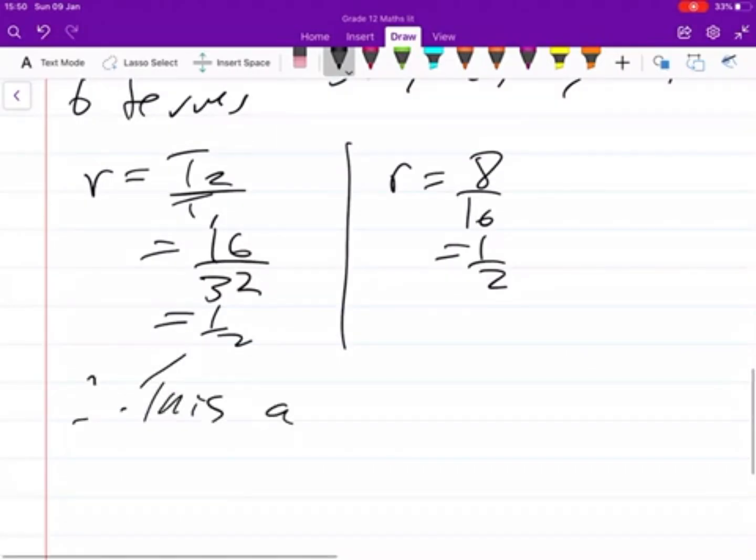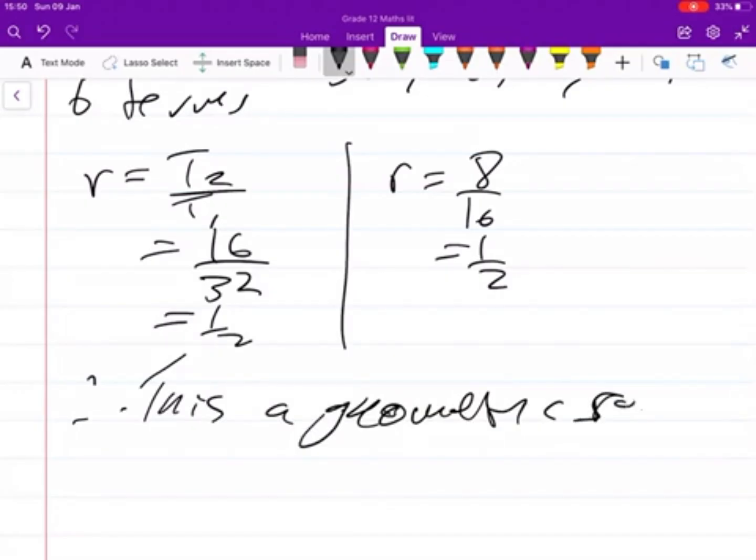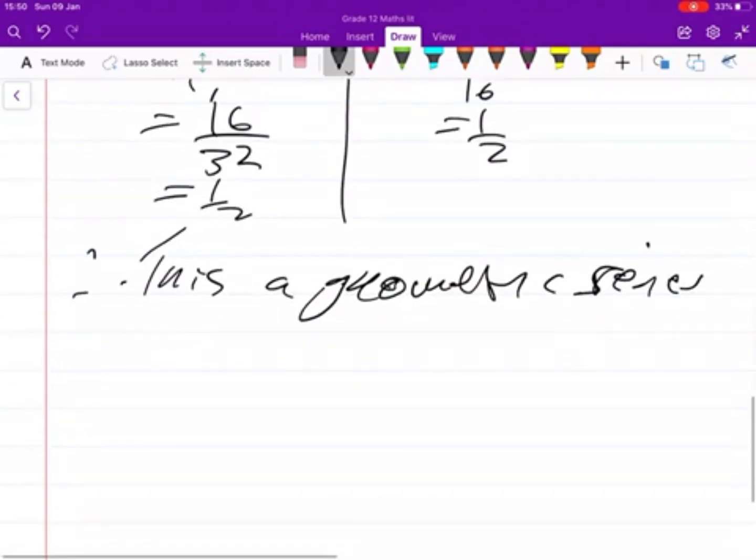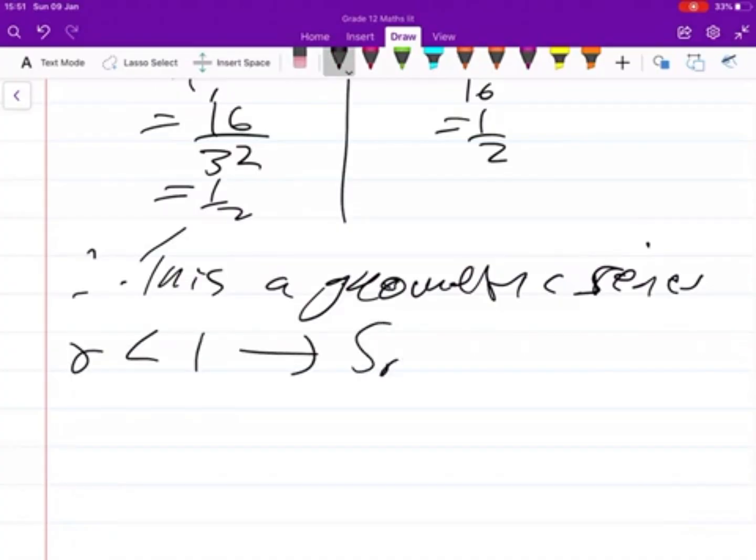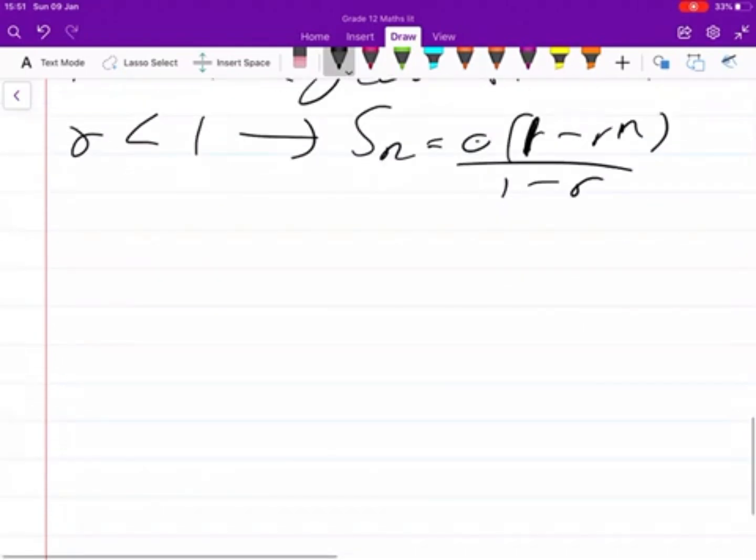Therefore, this is a geometric series. Before we state what we are given, let us look at r. We notice that r is less than 1, therefore the applicable formula is a(1 minus Rn) over 1 minus r.